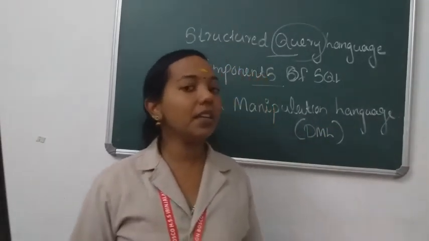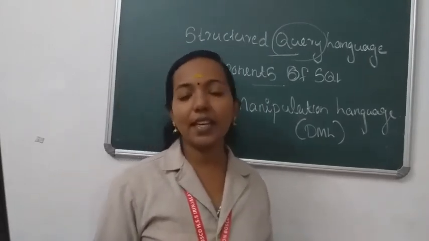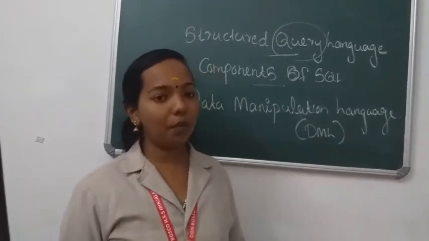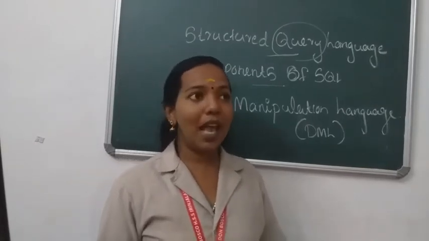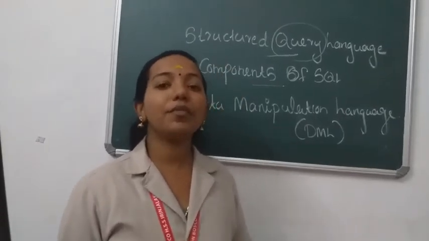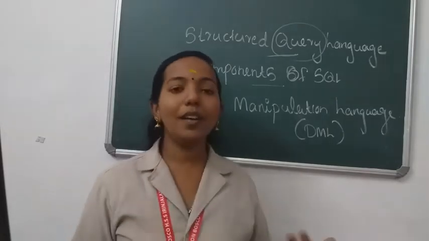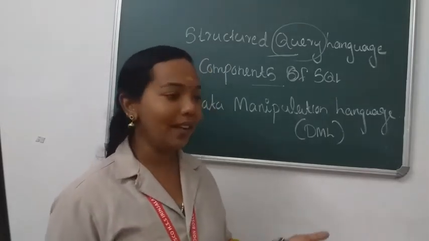The name indicates manipulation. We can insert data into the table, we can delete data from the table, we can update values, and also we can select some of the values from the relation. So all these belong to DML, data manipulation language.